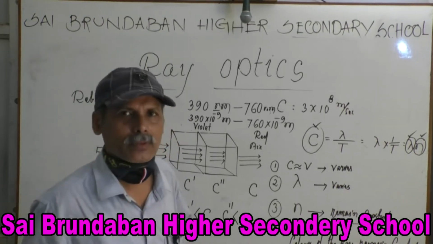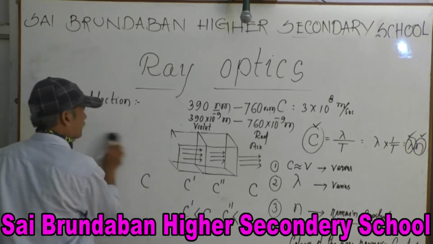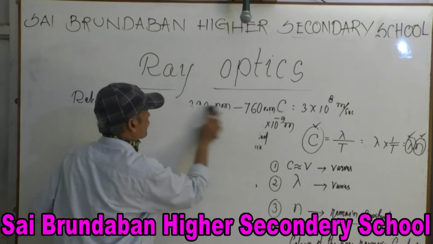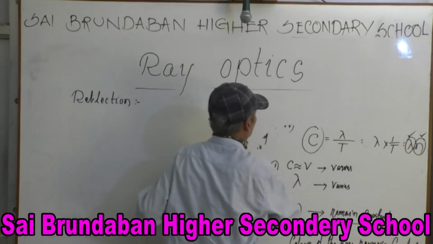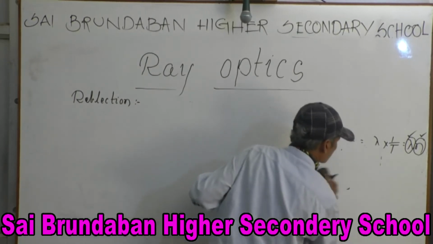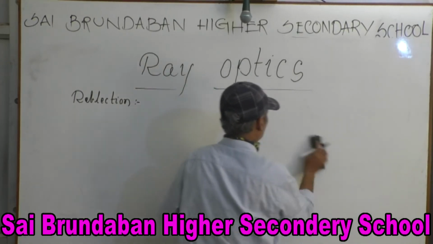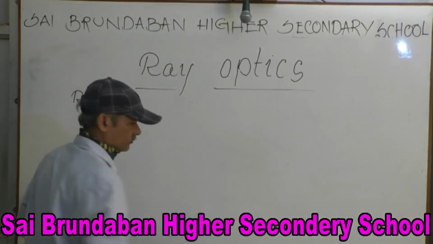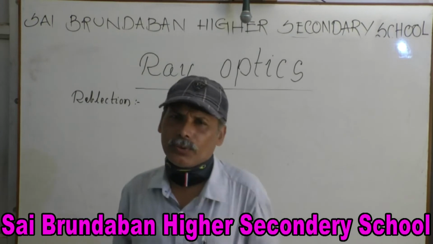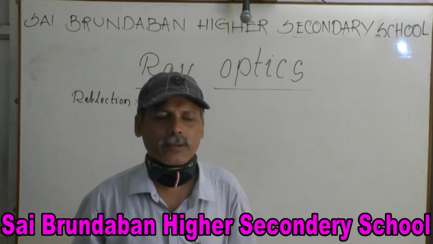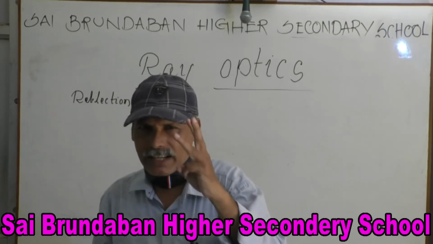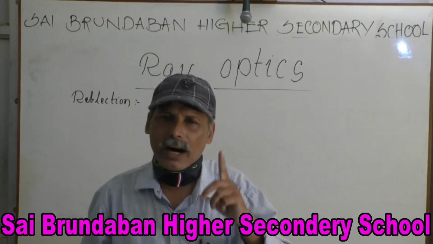Reflection. I have told you in ray optics, light holds 4 basic characters. 1.